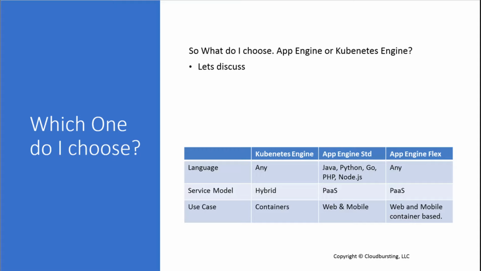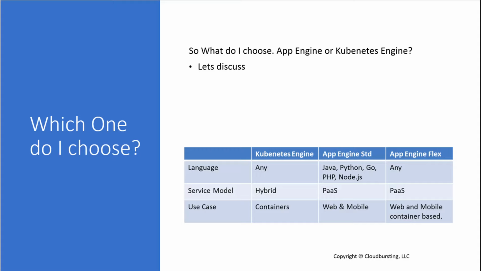It's easy to rule out App Engine Standard, but how do we rule out App Engine Flexible environment versus Kubernetes Engine? It really comes down to a couple factors. App Engine Flexible is actually focused on application development. So for example, if you have an application you want to deploy and have it managed by Google on Google Cloud, then great. On the other hand, with Kubernetes and Kubernetes Engine, remember that you could deploy Kubernetes on-prem as well.